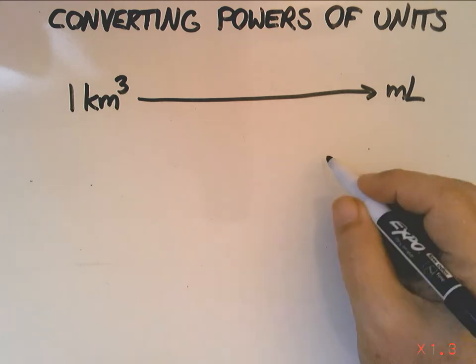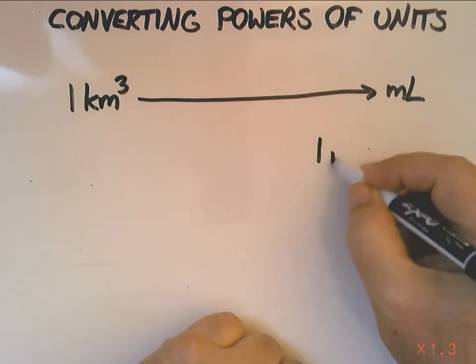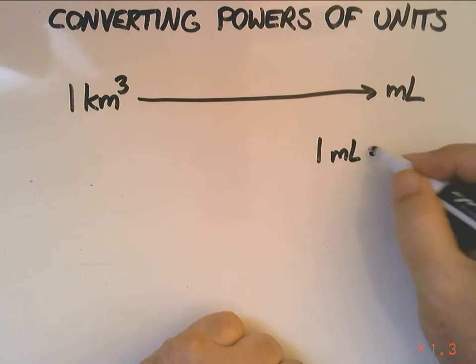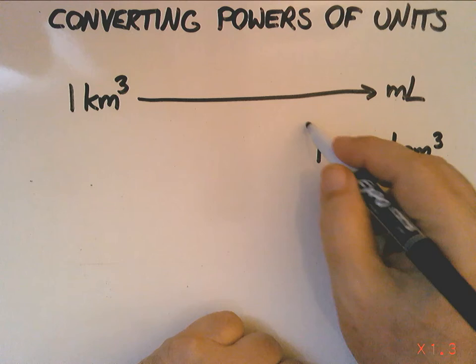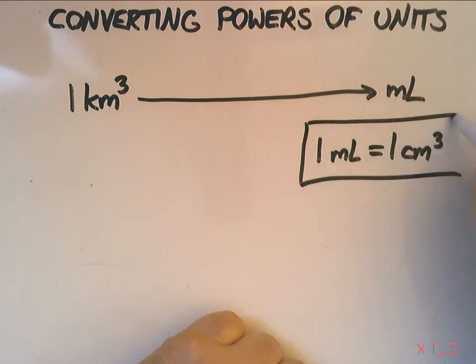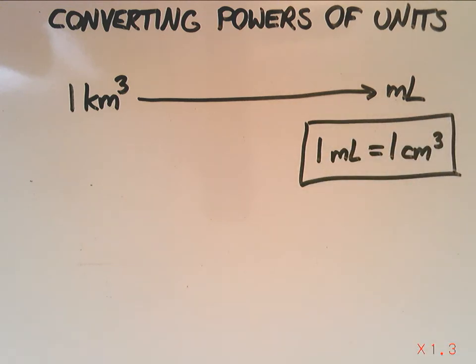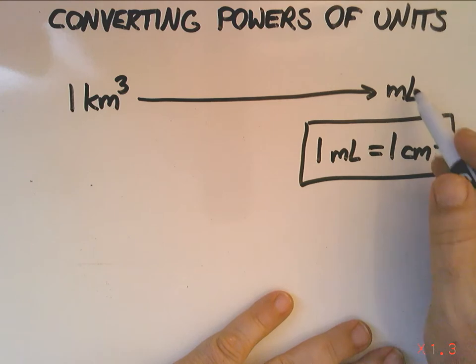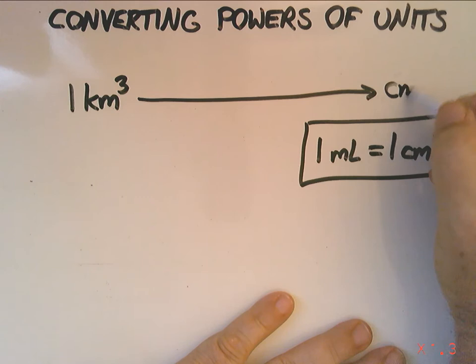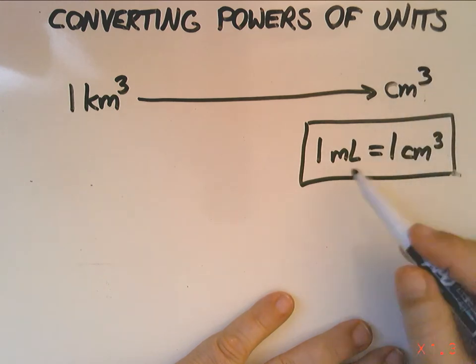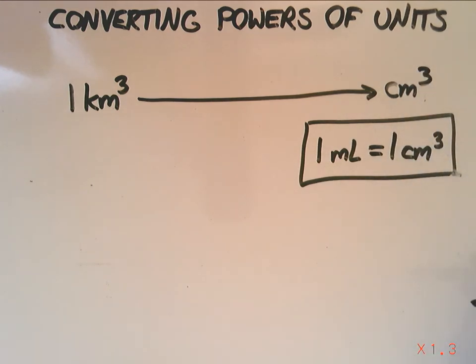I gave you this the first time I was talking about liters. Let's put a box around this because this is something you should know. A milliliter is pretty much the same thing as a cubic centimeter. If I wanted to, I could just erase that and put cubic centimeters there, because the answer will be the same. It'll be in milliliters as well as cubic centimeters since they're the same thing.